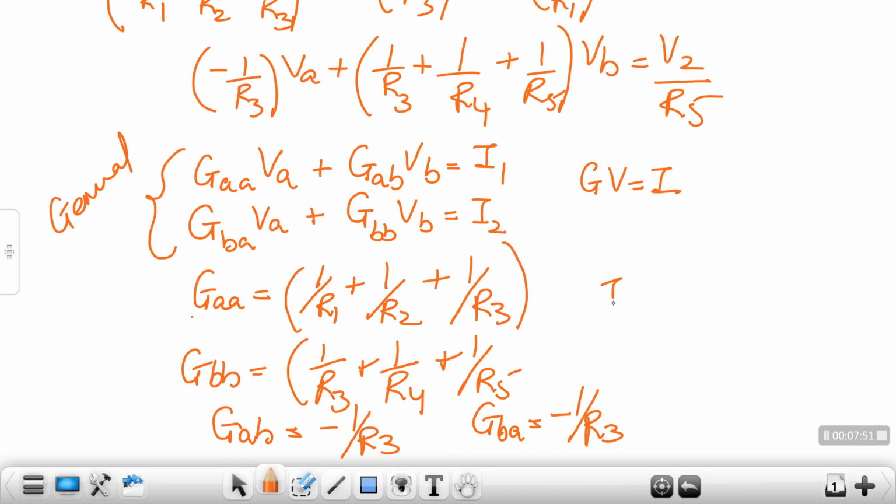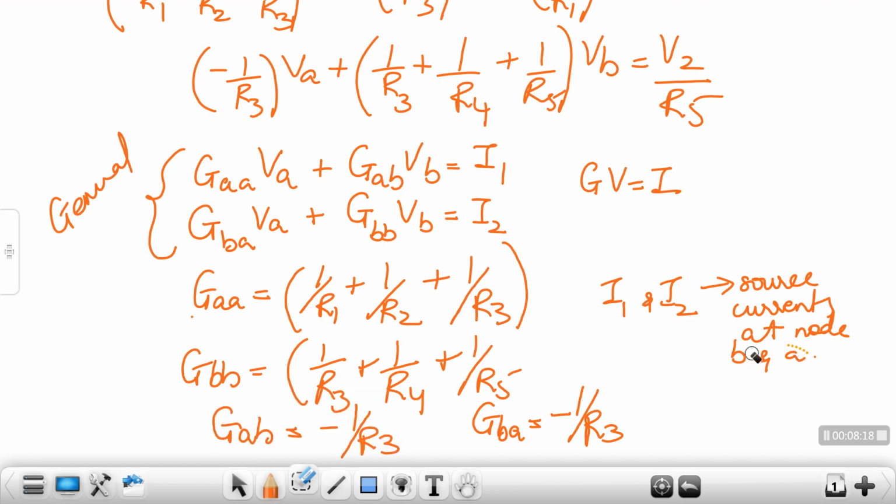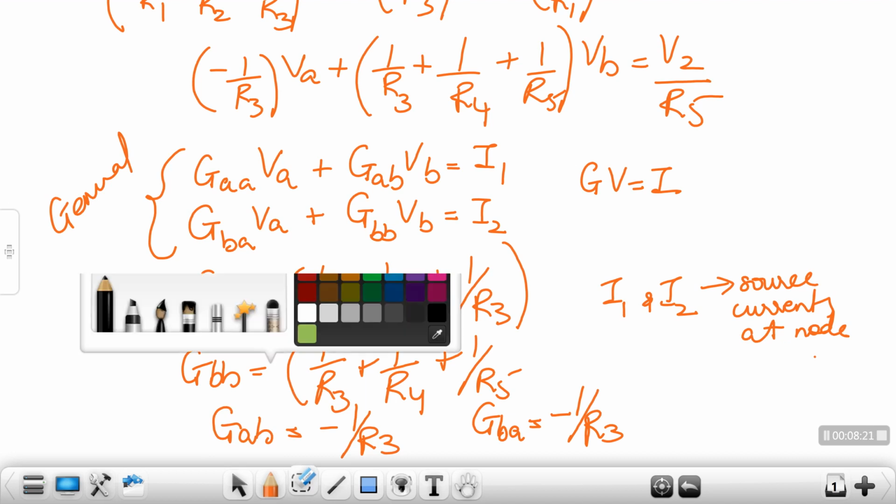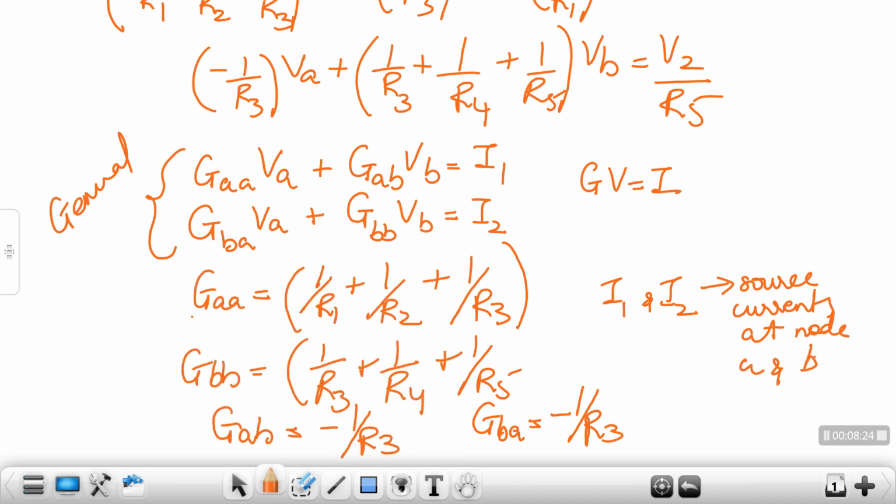I1 and I2 will be your source currents at node A and B. The current which enters into the node will have a positive sign.